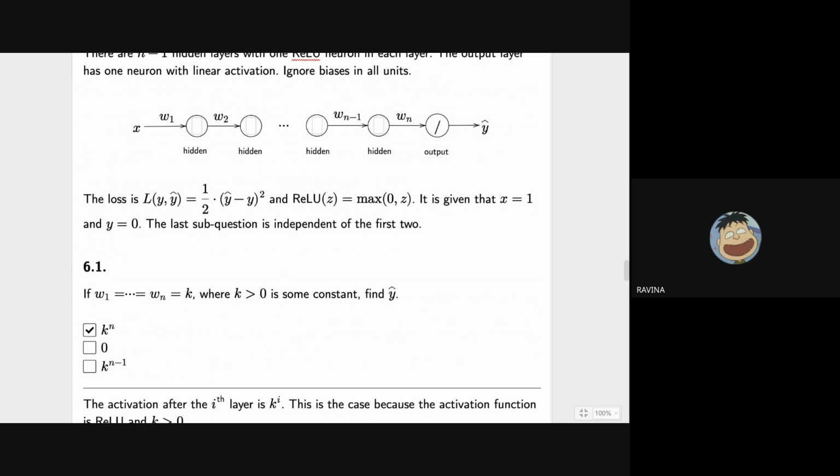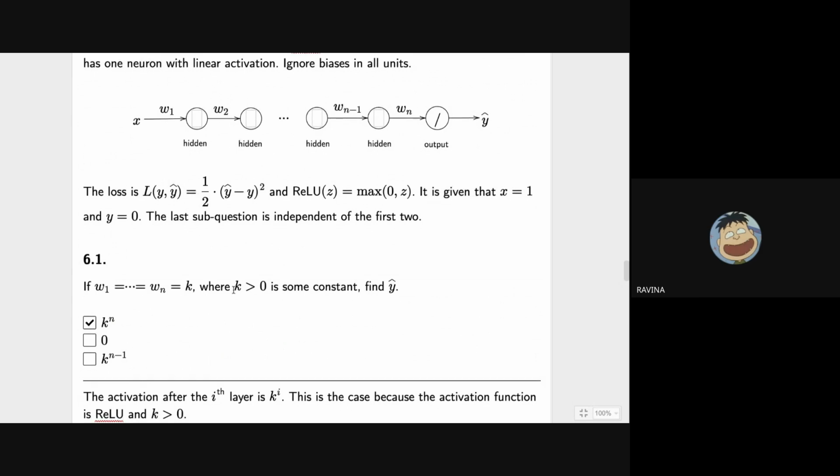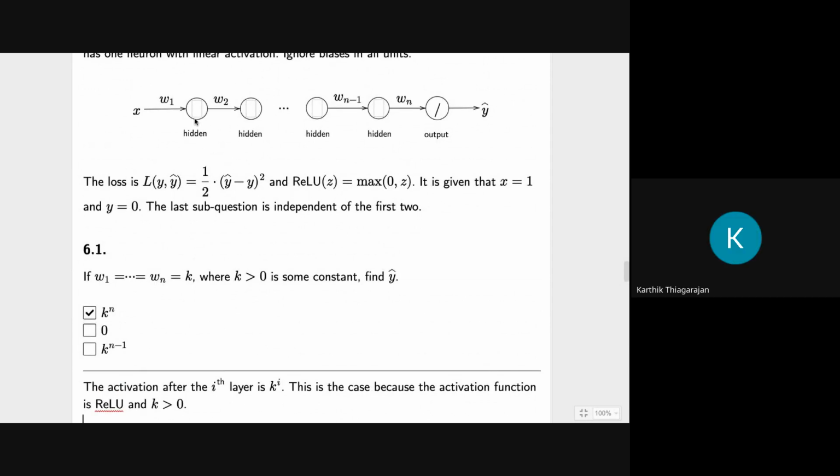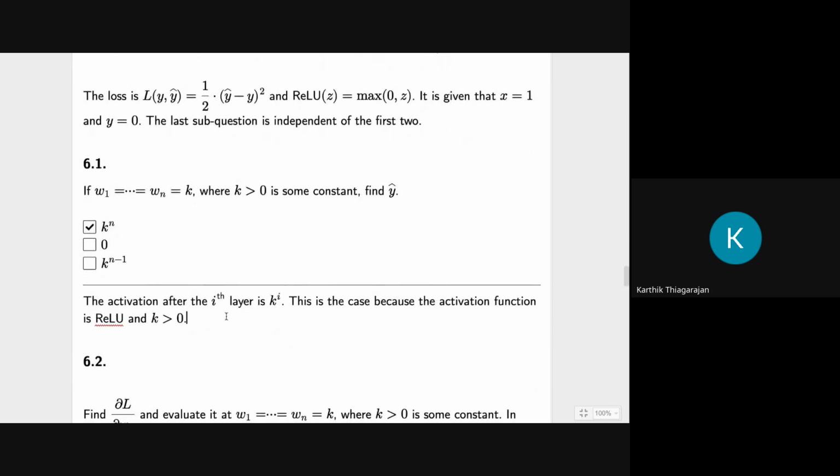Sir, why for k equal to 0 is it also valid? Because you only mentioned it is 0. So y hat is 0 if k equal to 0. k power n is 0 power n, so it doesn't matter if k is 0. It won't work if k is negative.